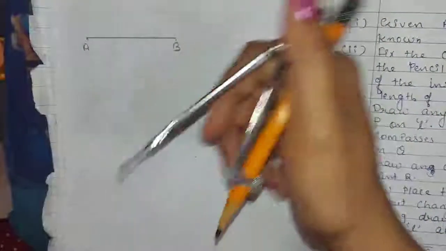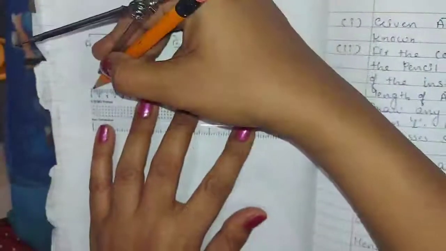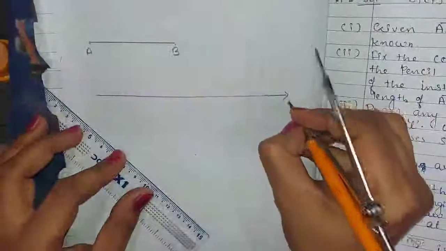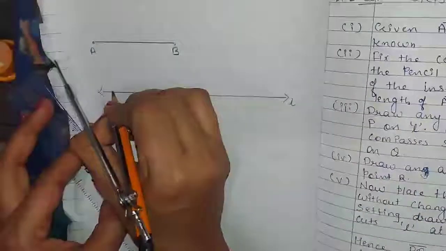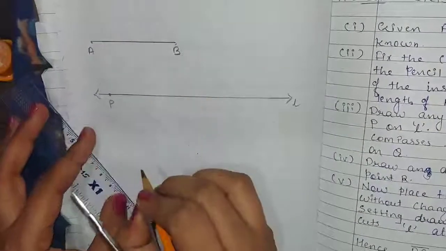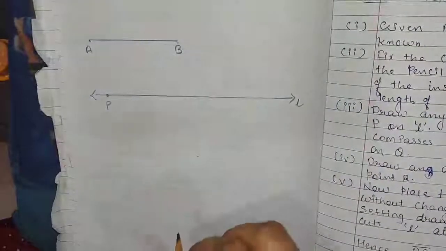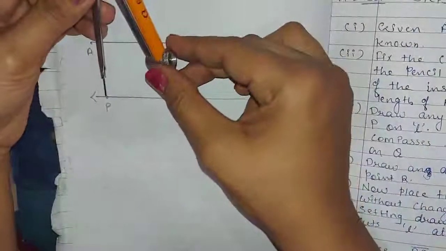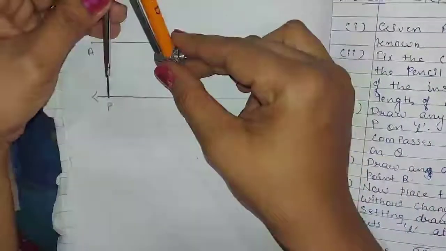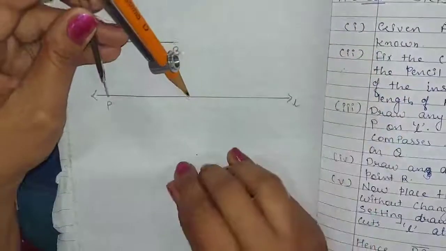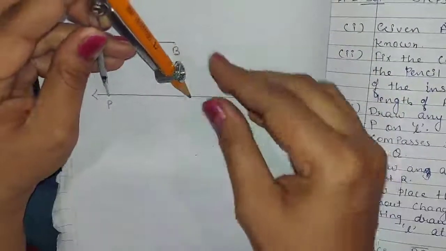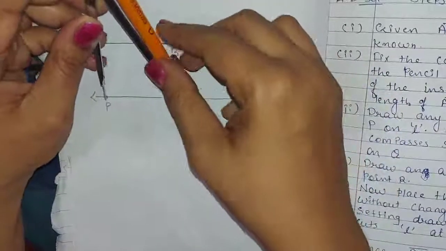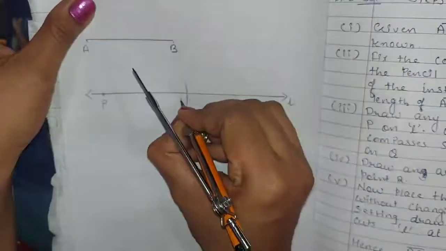Third step is to draw any line L. So we are drawing any line L. Put a point P on line L. Then, without changing this compass distance, we have to make a mark on the line with an arc. So here we are making one point, and let us give it some other name. So let us call it R.